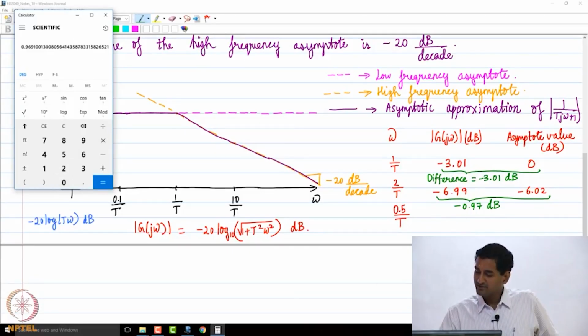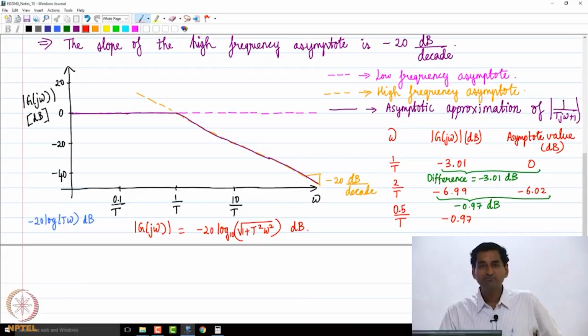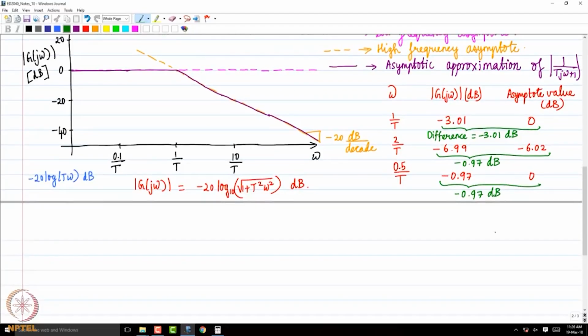That's what I am doing. So I get minus 0.97. So what will be the asymptotic value at 0.5 by capital T? 0. So what is the difference? The green color indicates the difference between the actual one and the asymptote one. It's going to be 0.97 decibels.